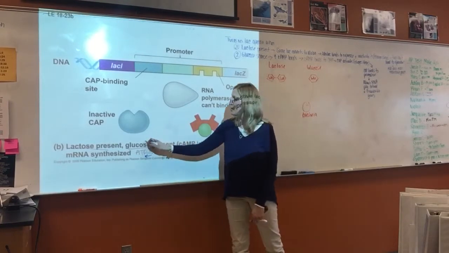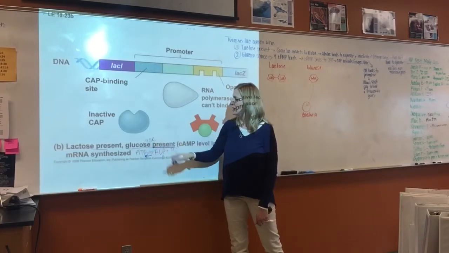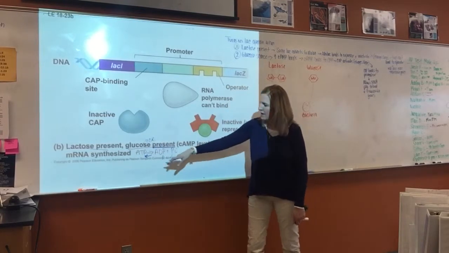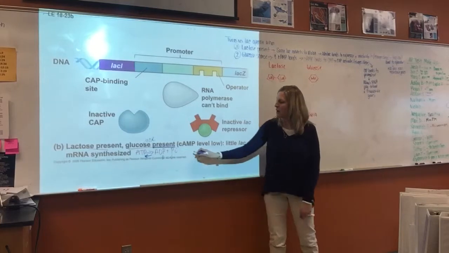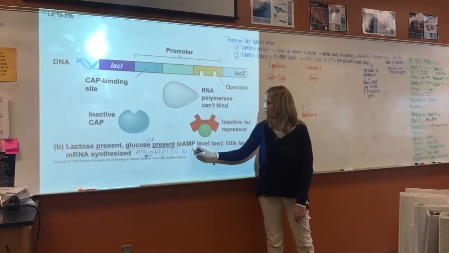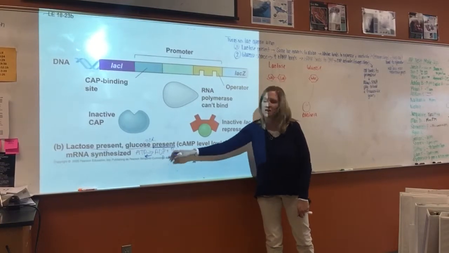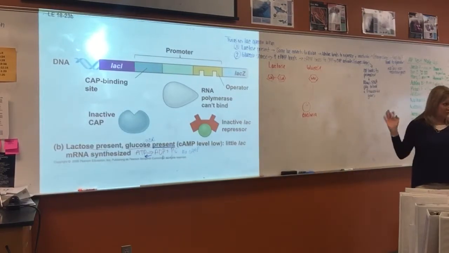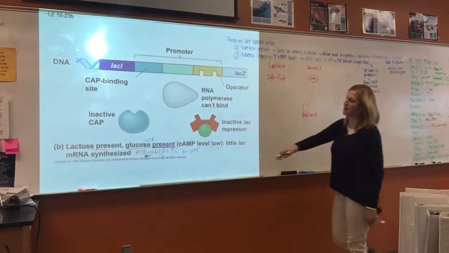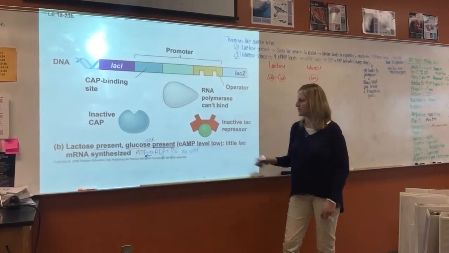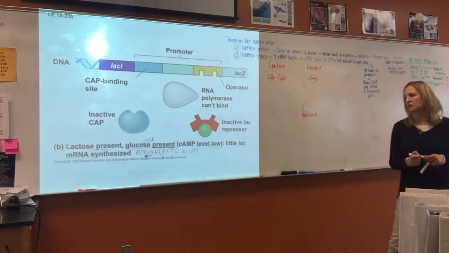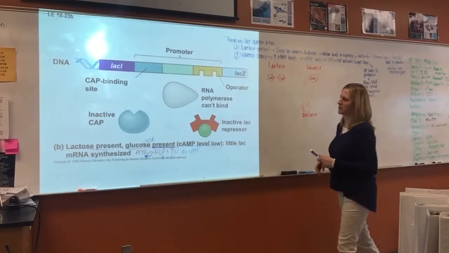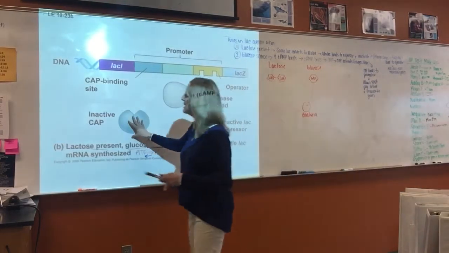So glucose present, cellular respiration can happen. So in this case, there's going to be no or very little cyclic AMP, because we're not going to further break down ADP, because there's enough glucose to regenerate ATP. That's why it says cyclic AMP is very low when you have glucose present. So therefore, here's your inactive CAP.